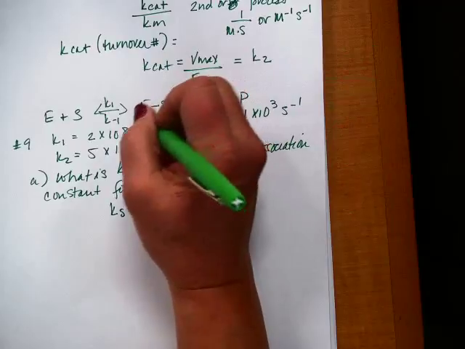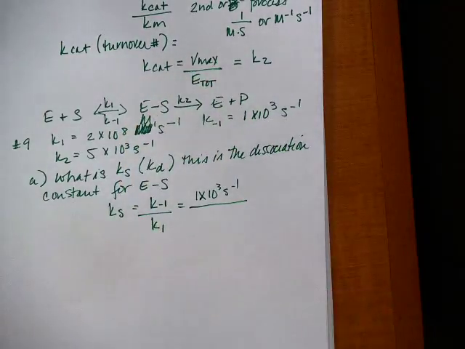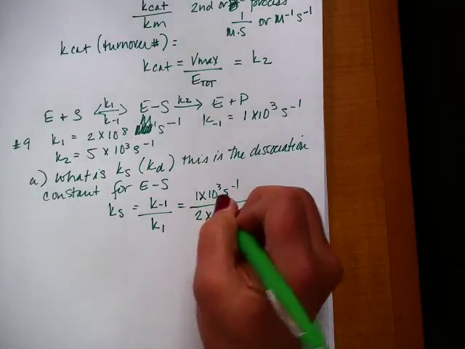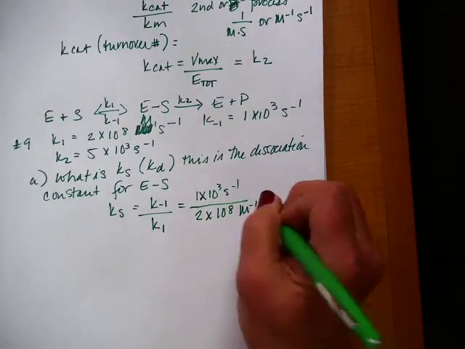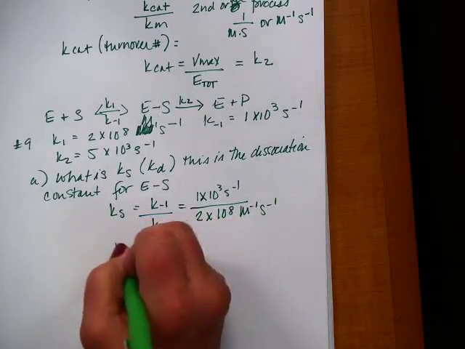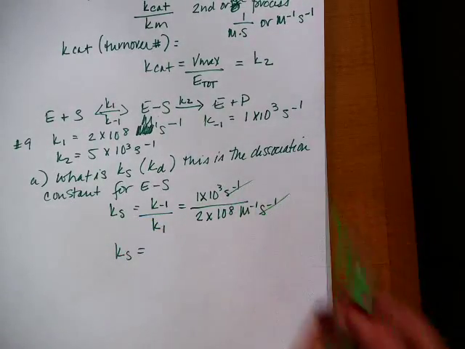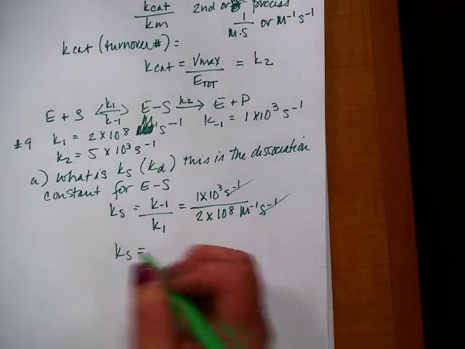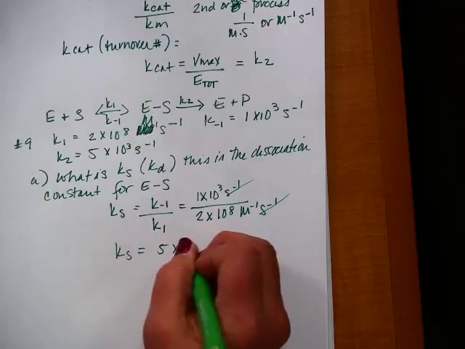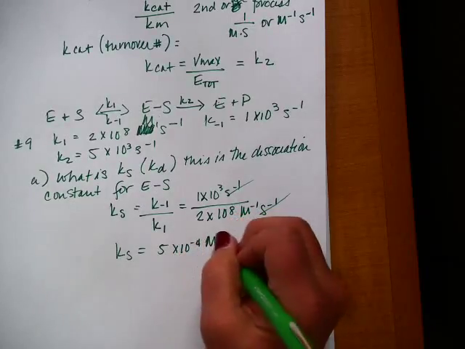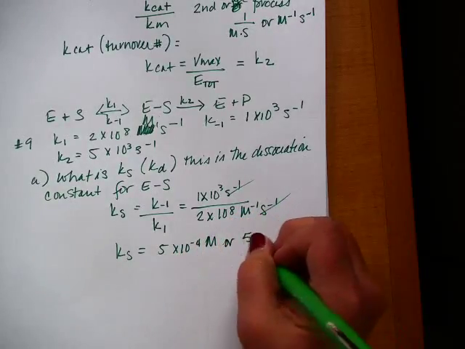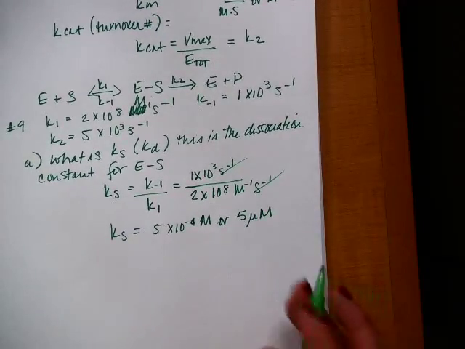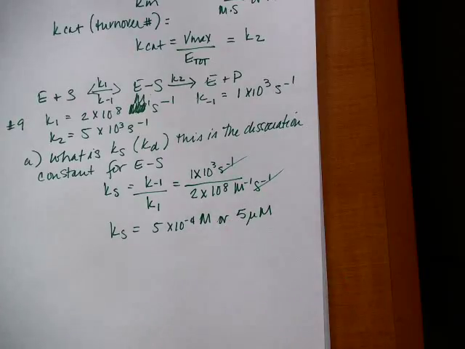No, that was supposed to be there. That was second order. Okay, never mind. Then we have 2 times 10 to the 8th, M-1 s-1, because we want this in a concentration. These are going to cancel, and we have 5 times 10 to the -4 molar, or 5 micromolar. And we're going to talk about how we get that to micromolar.